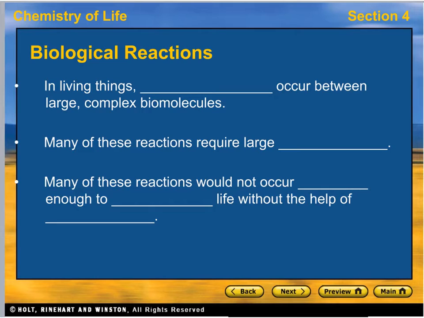So in living things we have chemical reactions, and I'm going to write reactions as RXNS. In living things, chemical reactions are going to occur between large, complex biomolecules. Many of these reactions are going to require a large amount of what we call activation energy.